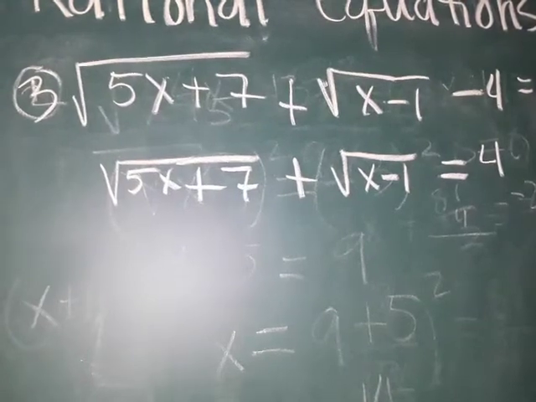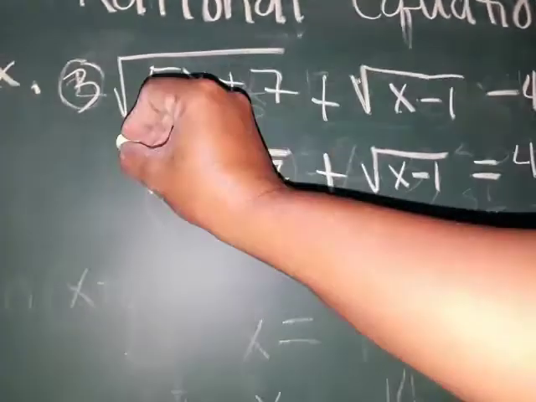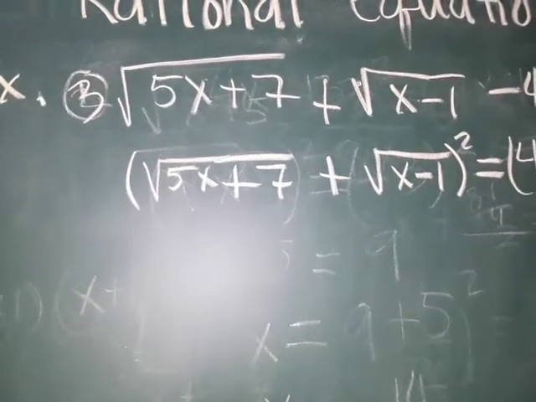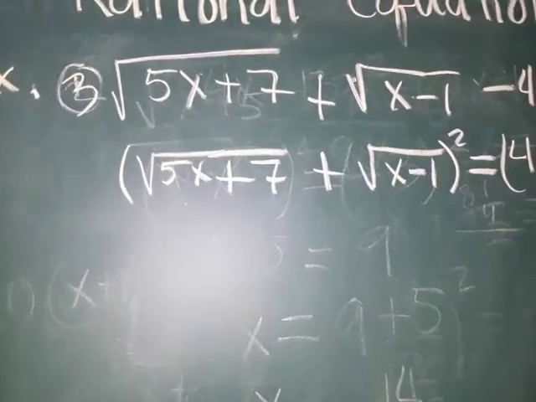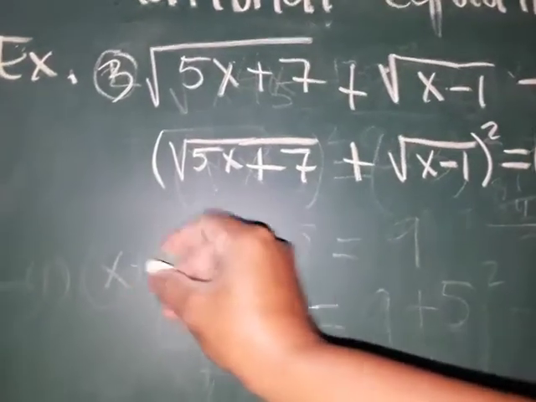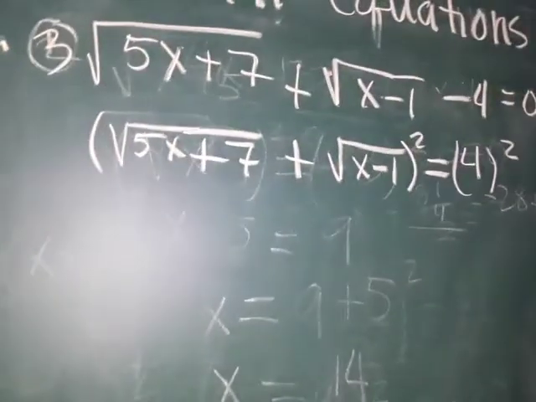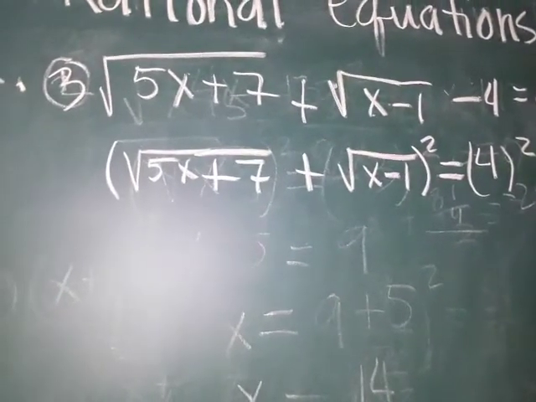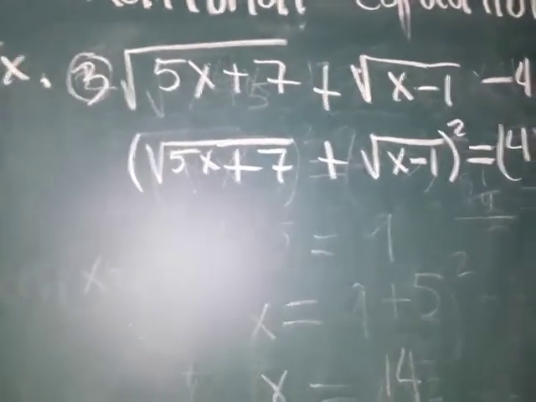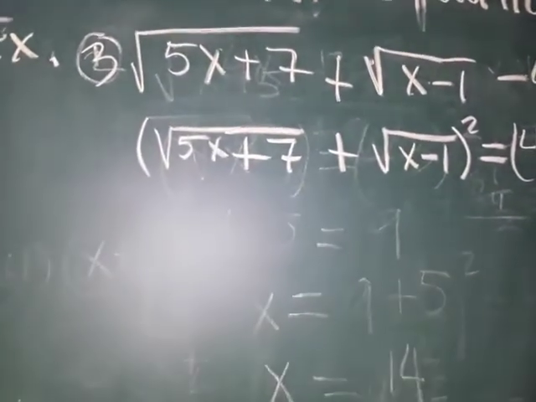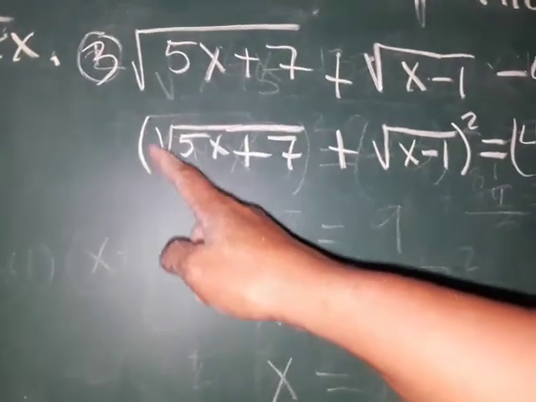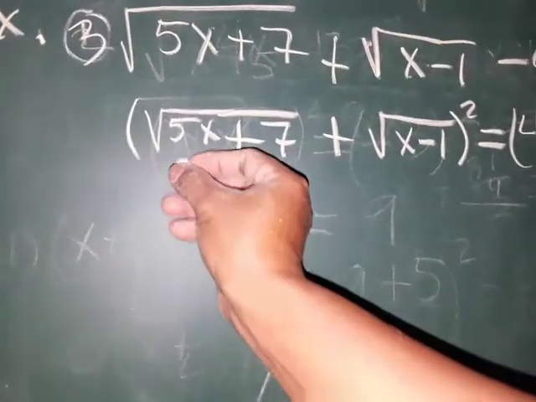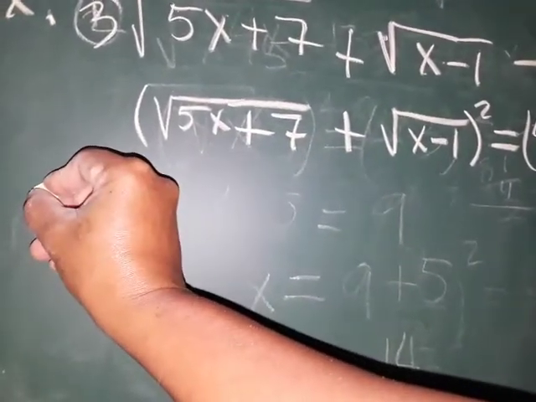Now we're going to square both sides to remove the radical sign. Square the first. The shortcut method is, square the first. The first term is this one. Since it is a radical sign, just remove the radical sign and copy the base or radicand.